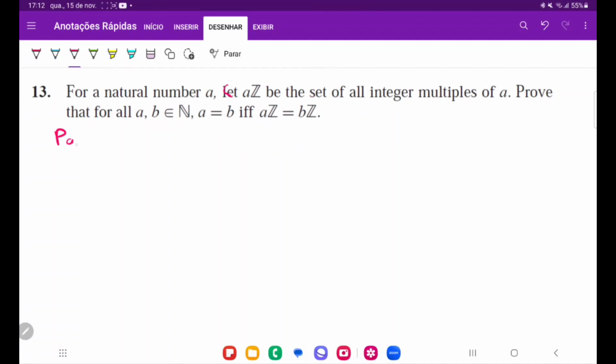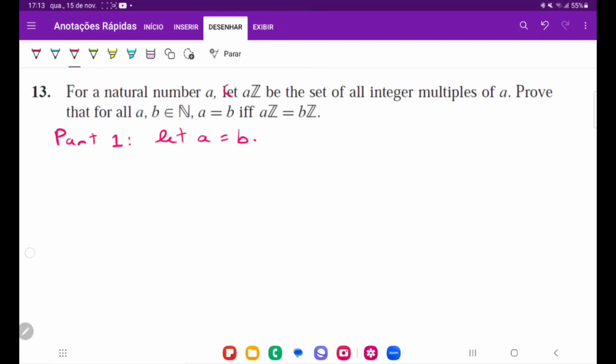So for part one, we're going to assume A is equal to B. If A is equal to B, this is going to be fairly straightforward, and we need to show that this leads to AZ being equal to BZ.